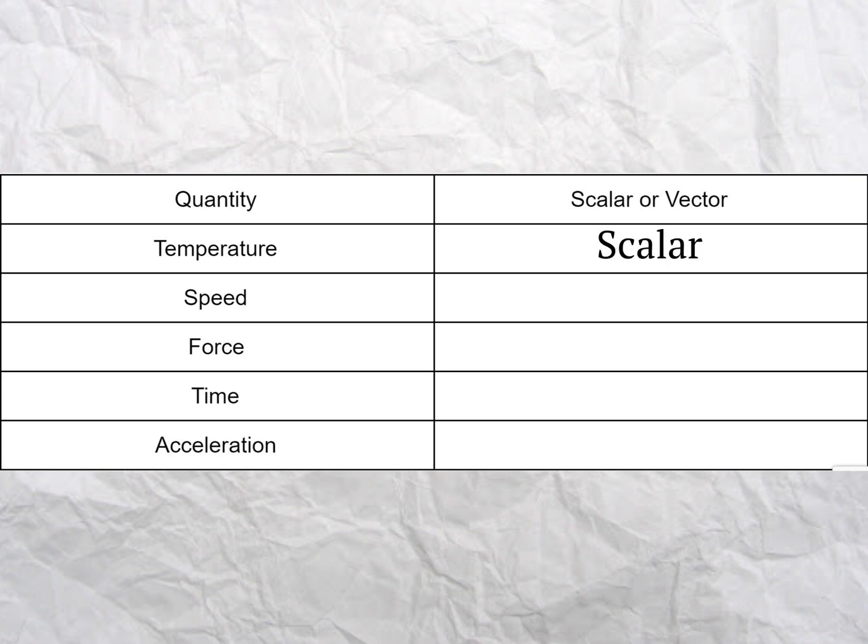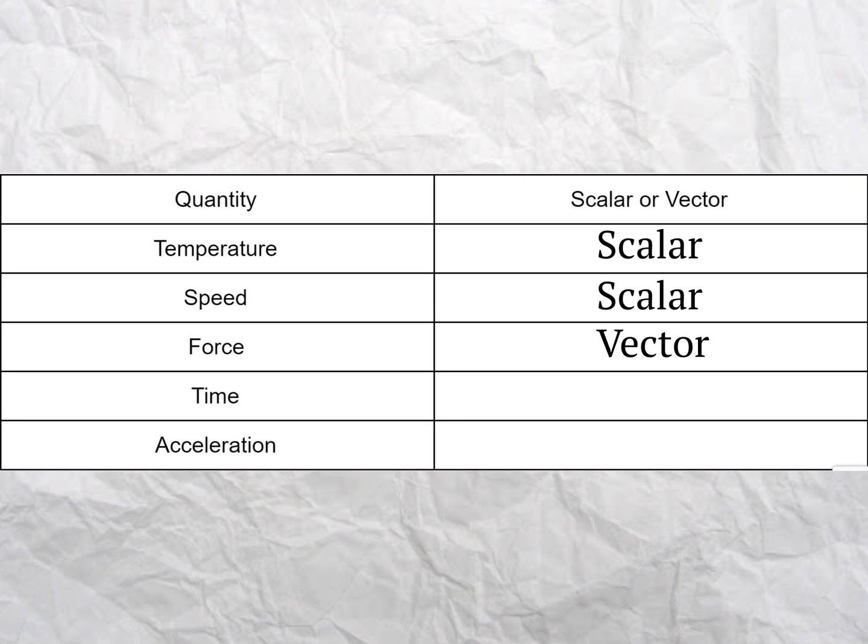Speed is trickier, but you should remember that velocity is the vector version of speed, so speed is just a scalar. We have road speed limits, not velocity limits, because doing 60 in a 30 mile an hour area is dangerous, whatever direction you're going in. Force is a vector, because forces always push or pull in some direction or other.